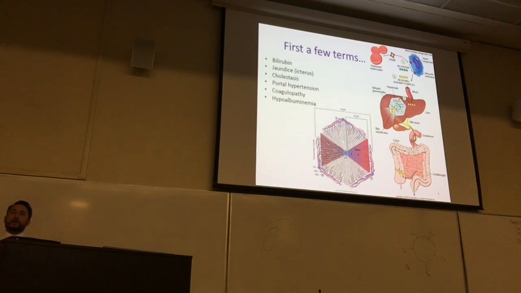Remember, there's 4 iron molecules in the heme group, so the capacity of one hemoglobin is to bind 4 oxygen molecules. As heme breaks down because it recycles, you get bilirubin as a form.